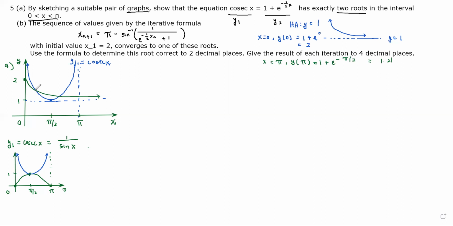And we can see that there are 2 points of intersection. So there are 2 roots for the equation cosecant x equals 1 plus e to the negative x over 2 on the interval from 0 to pi. So that is the first root, and that is the second root.